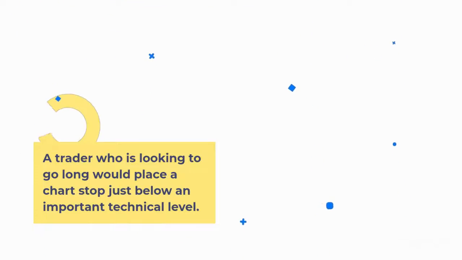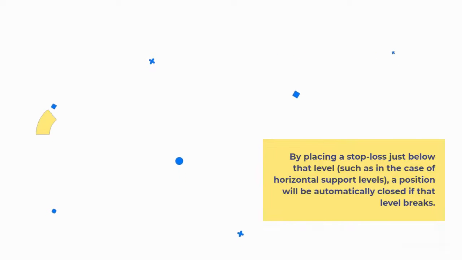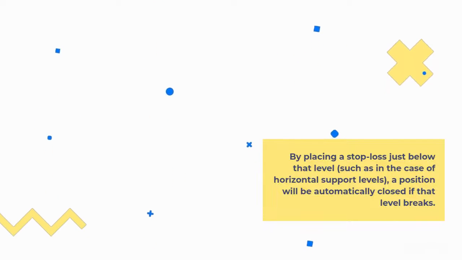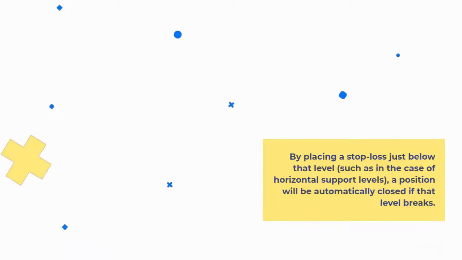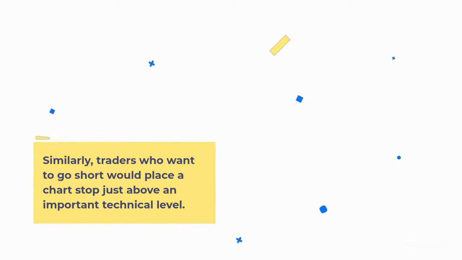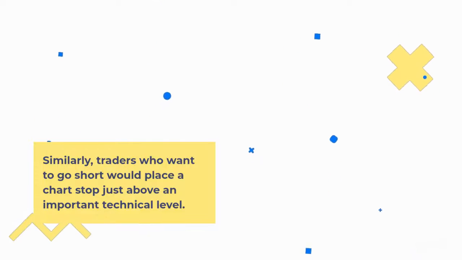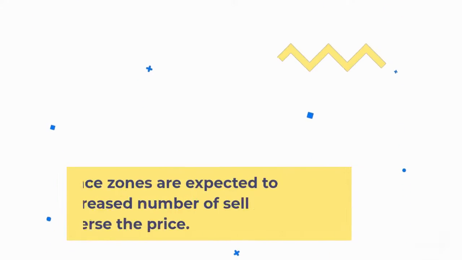A trader who is looking to go long would place a chart stop just below an important technical level. By placing a stop-loss just below that level, such as in the case of horizontal support levels, a position will be automatically closed if that level breaks. Similarly, traders who want to go short would place a chart stop just above an important technical level.